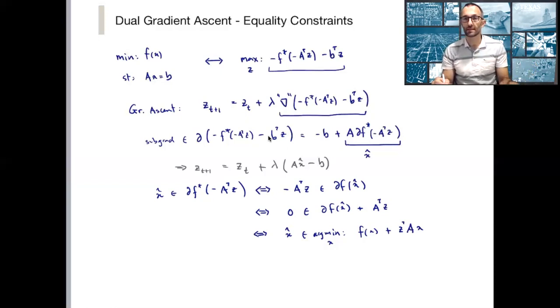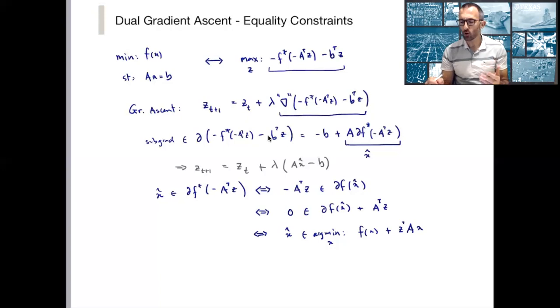So in the example where f of x has this decomposability structure over blocks of variables, and the simplest case, let's just suppose that f of x is equal to the sum of fi of xi, then this minimization will now decouple into d, if d is the dimension, single variable optimization problems. Much easier. And so this is the whole idea. So that's the first thing, that's why this might be easier.